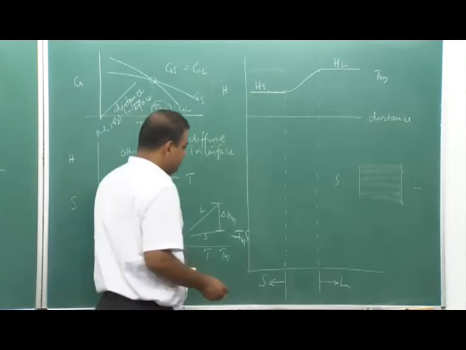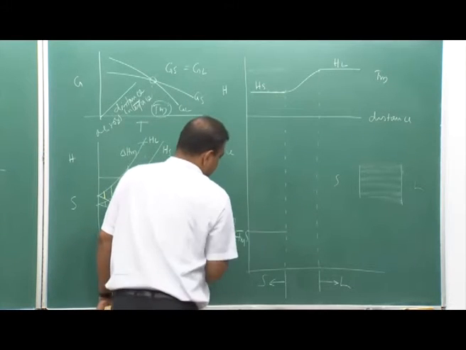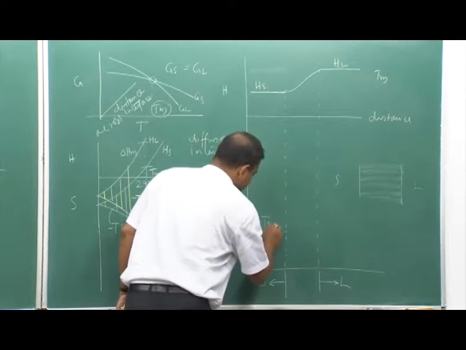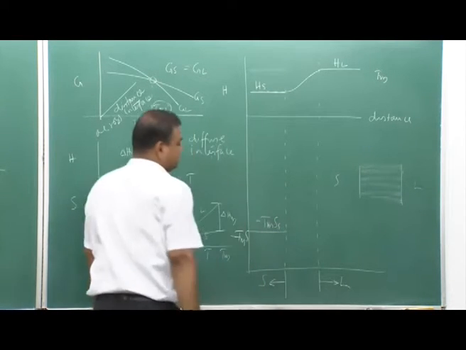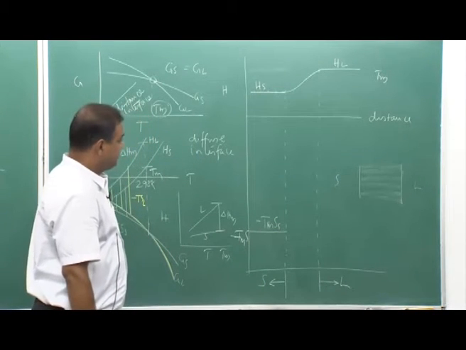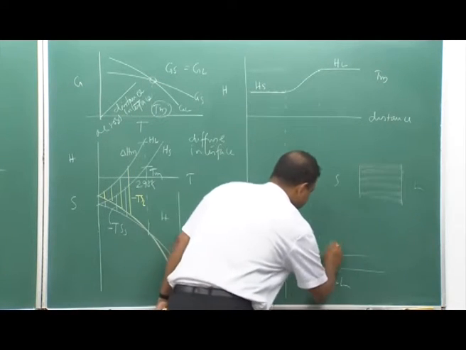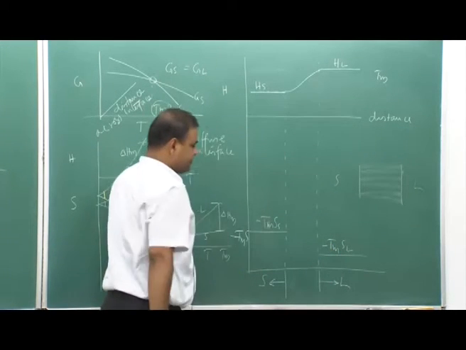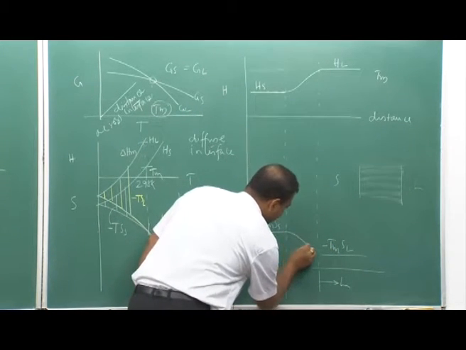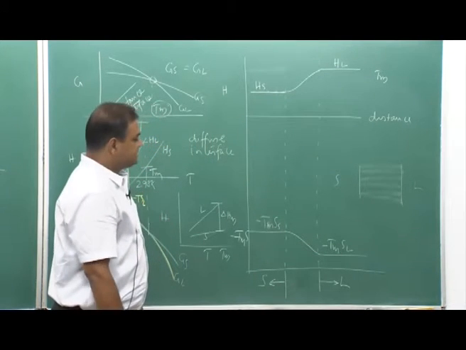So, if this is my minus T m s s term, the T m s l term would be lower than this, and the variation would be gradual from T m s s to T m s l.